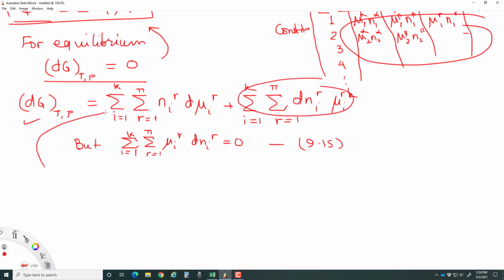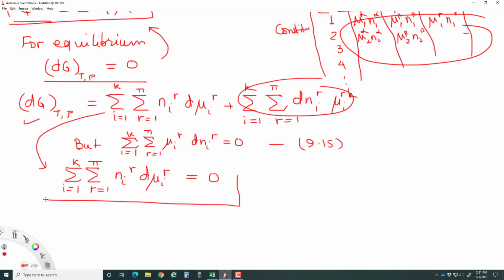So this sum over i from 1 to k and gamma from 1 to pi, n_i^gamma d mu_i^gamma is 0. This is true when the system is in equilibrium and keeping T and P constant.